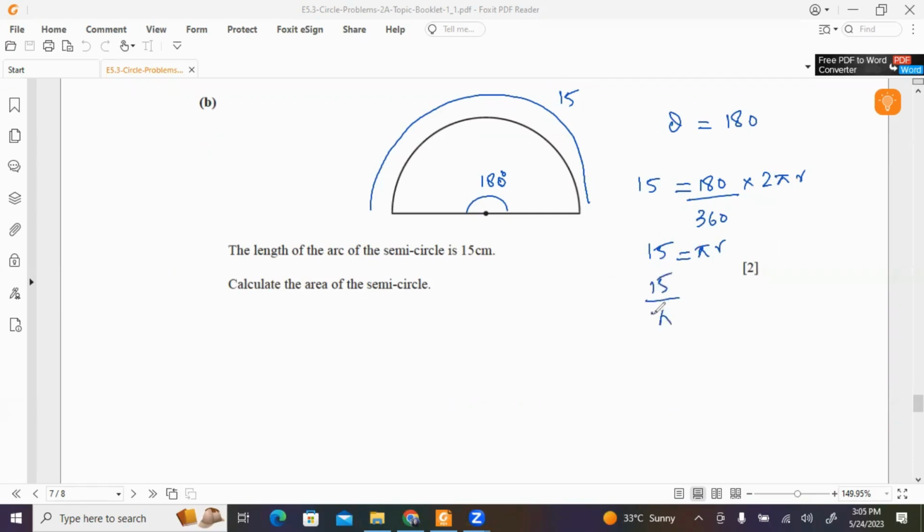So r equals 15 over pi, which equals 4.7. Yeah. So the area would be pi times 4.7 squared divided by 2. So that is going to be 35.74 centimeters square is your area of this.